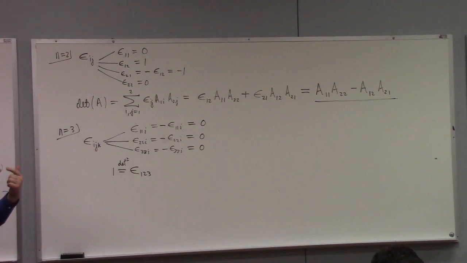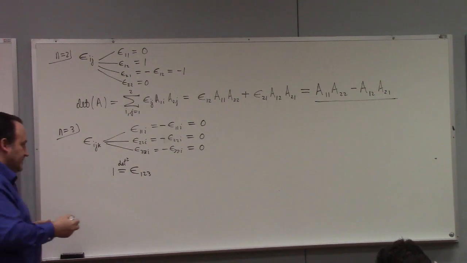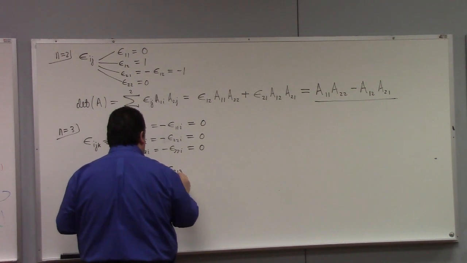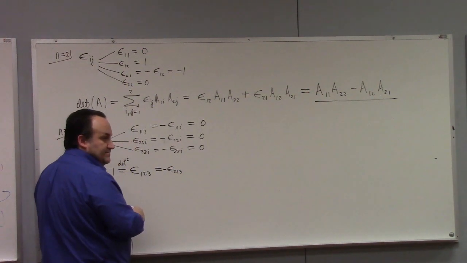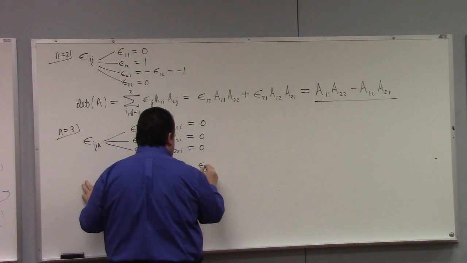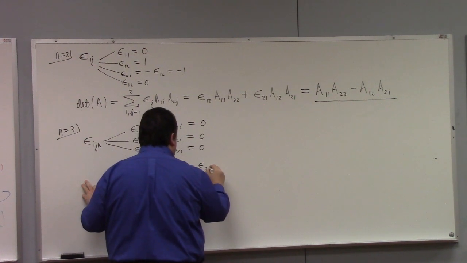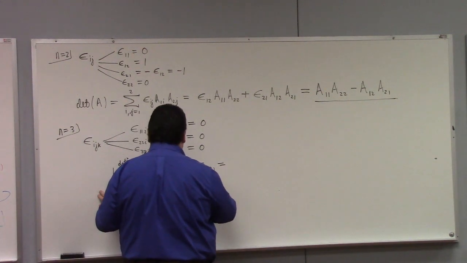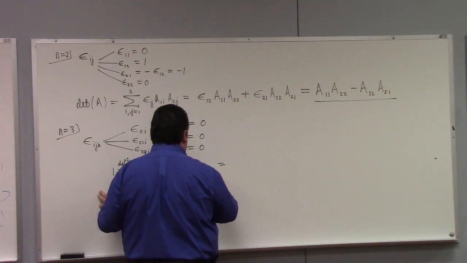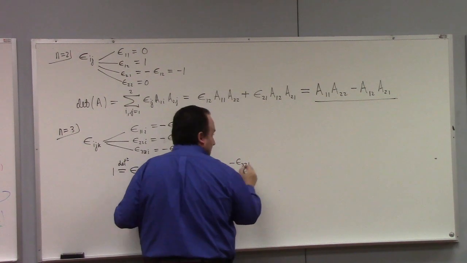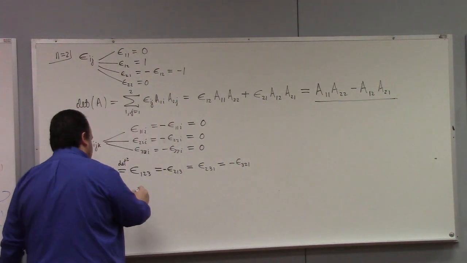And then if I switch any pair of indices, like epsilon 2,1,3, that's a minus. And then if I switch the pair 1, 3, I get minus a minus, which gives me a plus. Let me just tell you what I think.